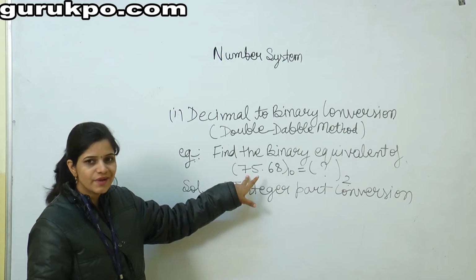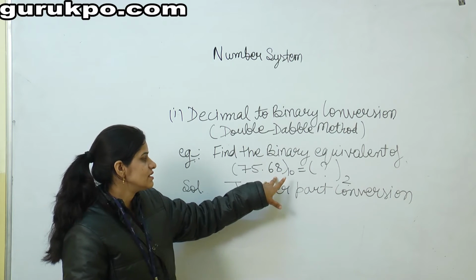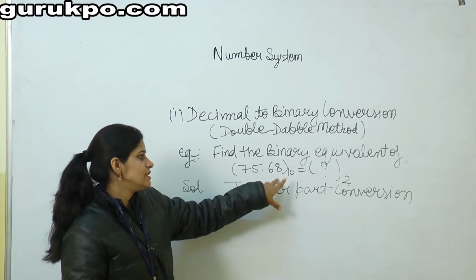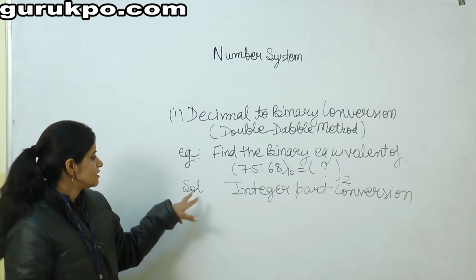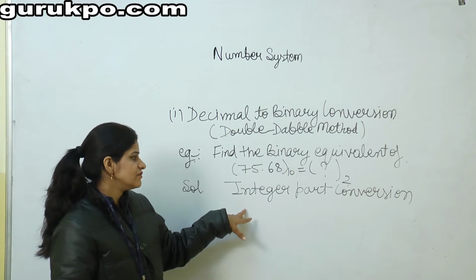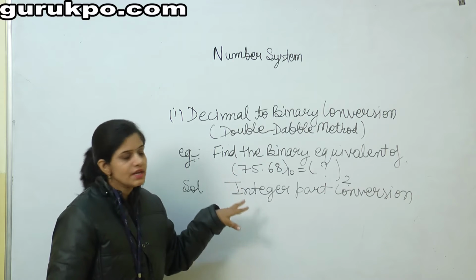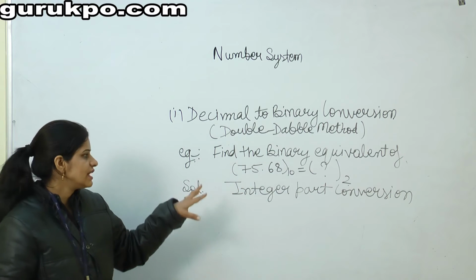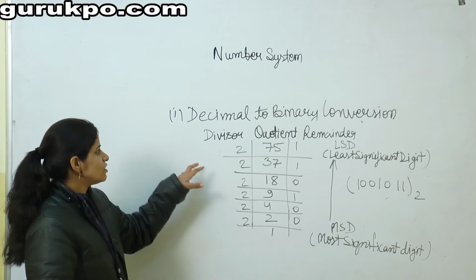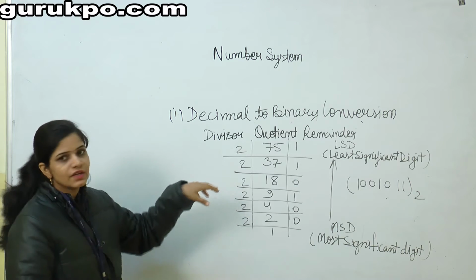First I solve the integer part conversion, 75 divided by 2.